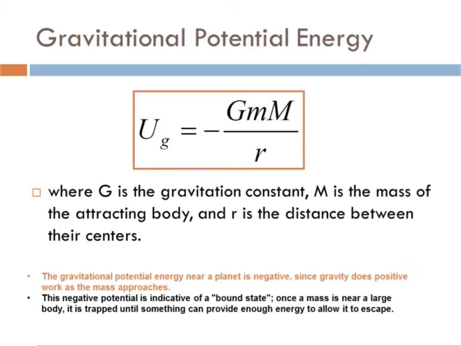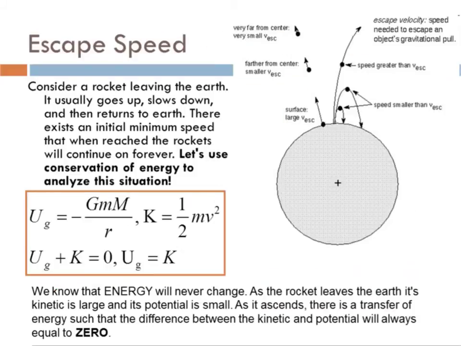The gravitational potential energy near a planet is negative, since gravity does positive work as a mass approaches. Again, this negative potential is indicative of a bound state. Once a mass is near a large body, it is trapped until something can provide enough energy to allow it to escape. Which brings us to escape speed, which means that our potential energy will be equal to our kinetic energy at our maximums.